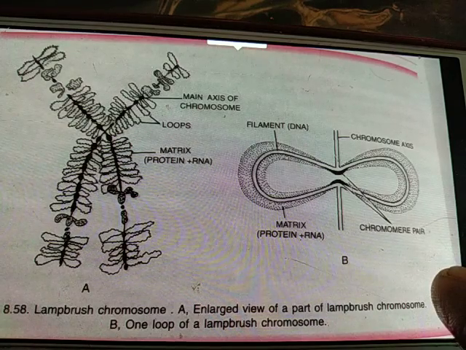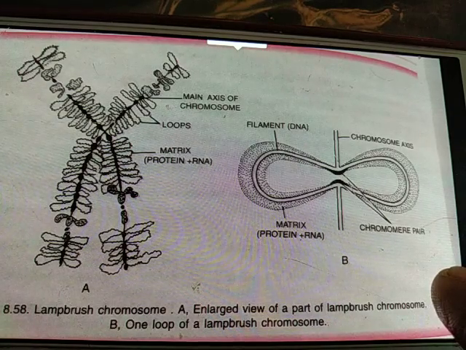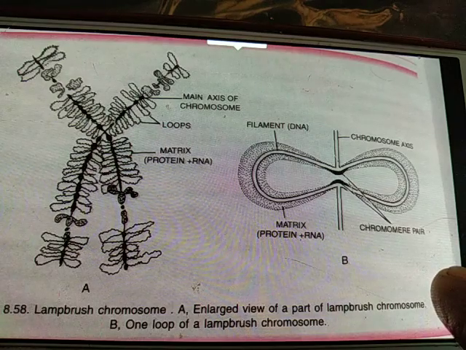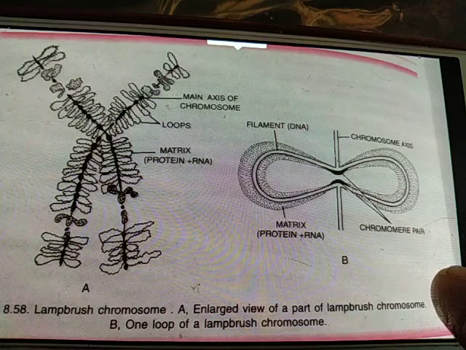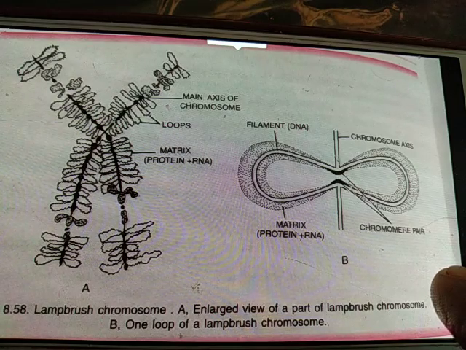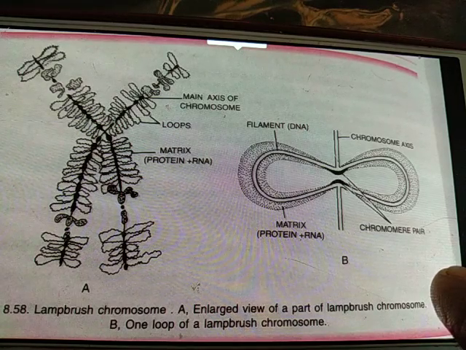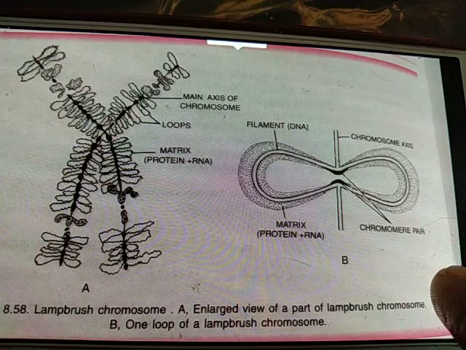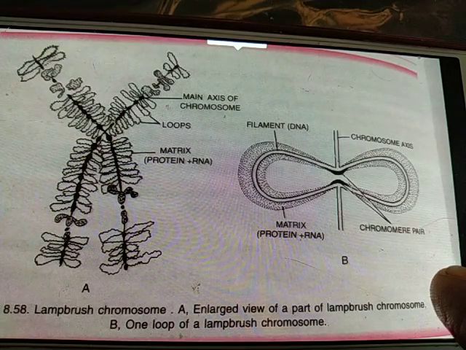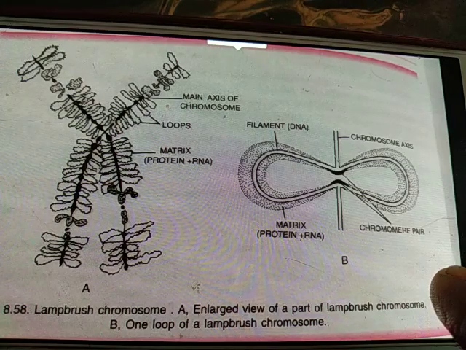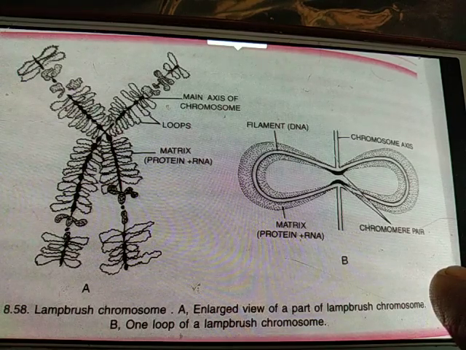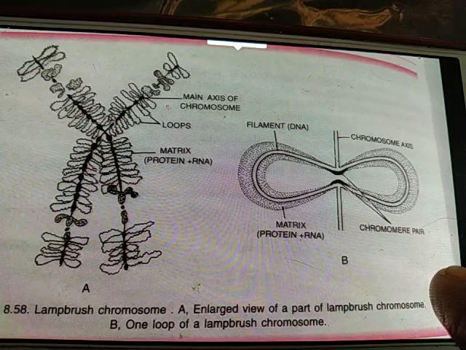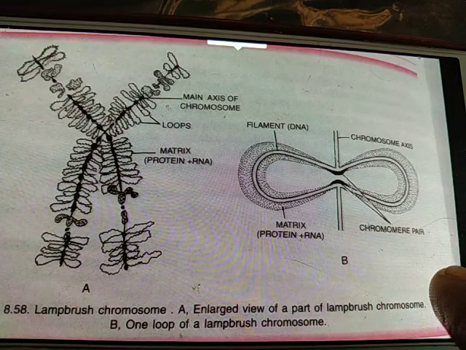The lateral loops provide a test tube brush or lampbrush-like appearance to the chromosome pair. The length of a lateral loop may vary from 5 to 100 micrometers. Loops are uncoiled or expanded parts of a chromomere with one to several transcriptional units. Usually a lateral loop has a thin or uncoiled part and a thick or coiled part.